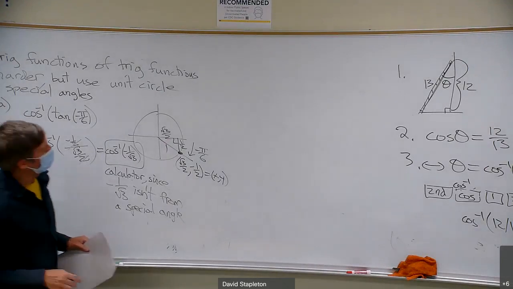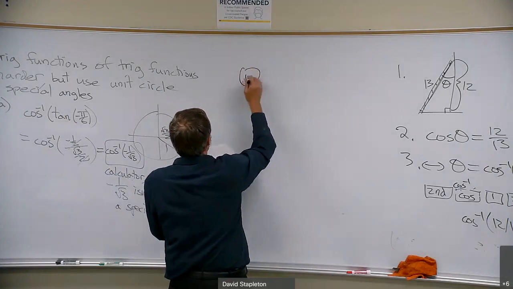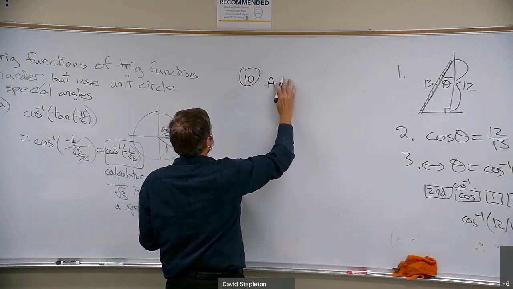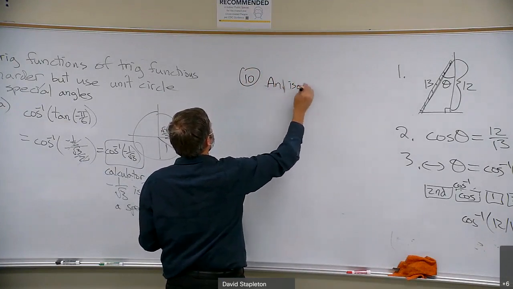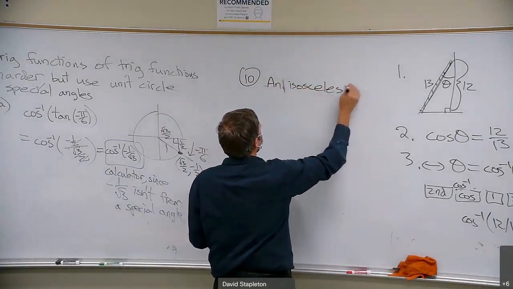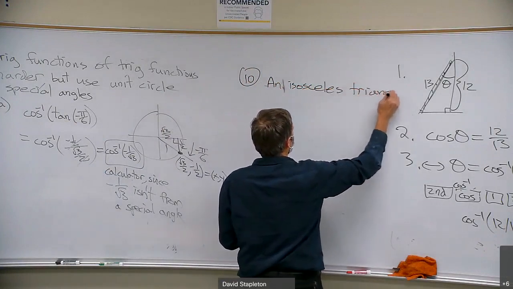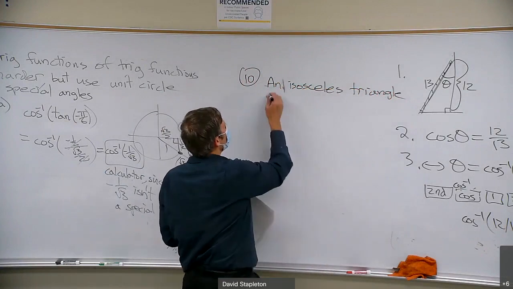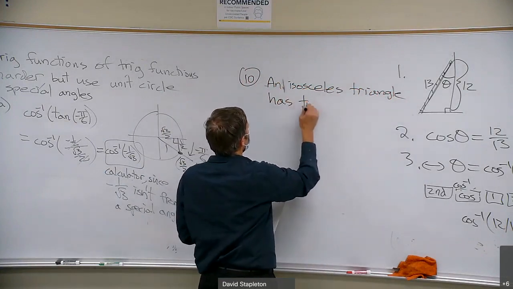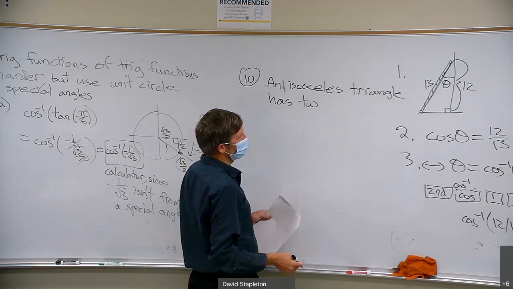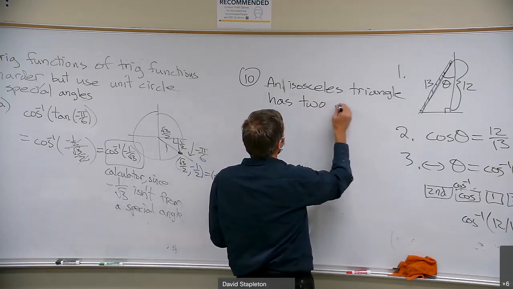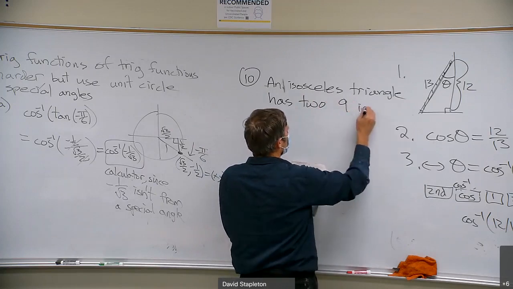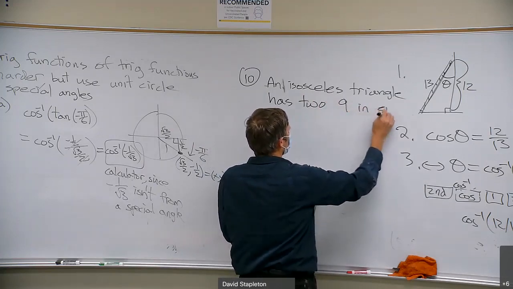All right, the next one then, number 10. Well, you have an isosceles triangle. Do you remember that from geometry? Two equal sides and equivalently two equal angles. It has two 9-inch sides and an 8-inch side.